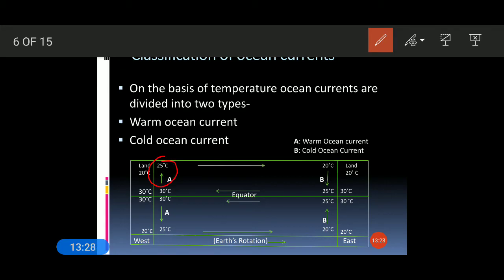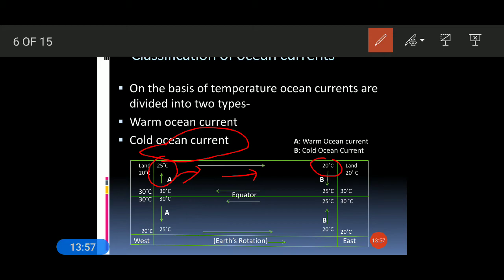Now the same ocean current reaching up to the northern extent, here we have a land body. So this is why this ocean current will bifurcate or change its direction towards the east. When it migrates toward the east, the water body that had a temperature of 25 degrees Celsius will reduce to 20 degrees Celsius, that is a decrease of 5 degrees Celsius.